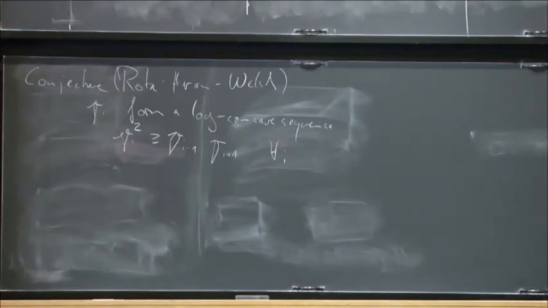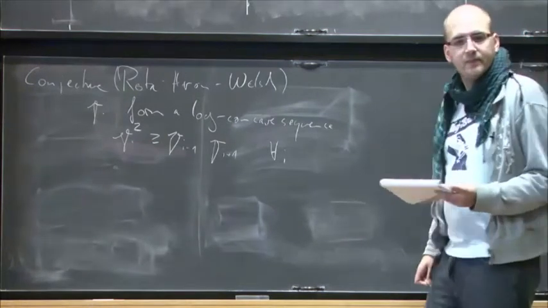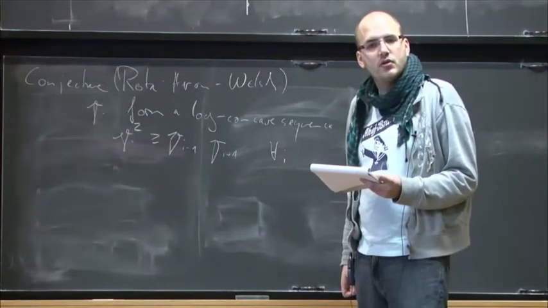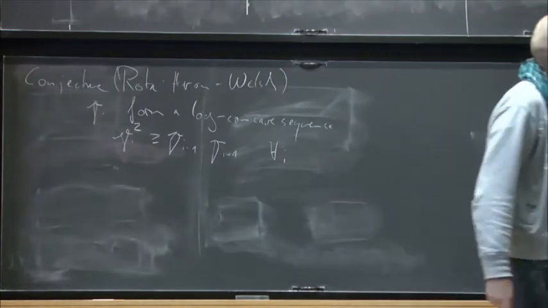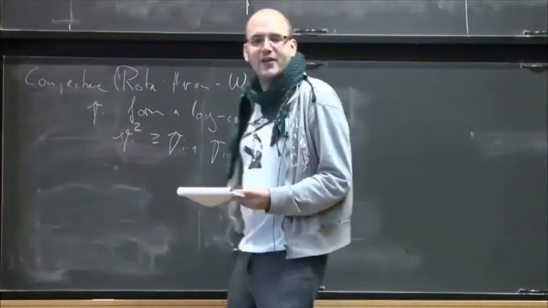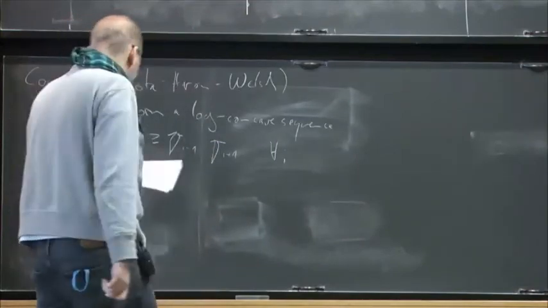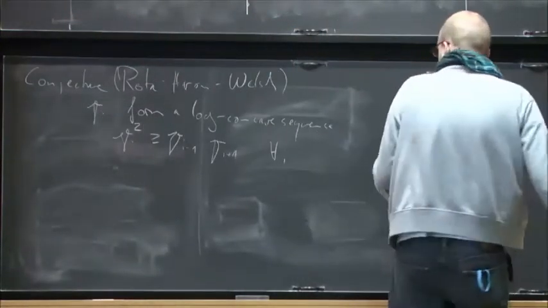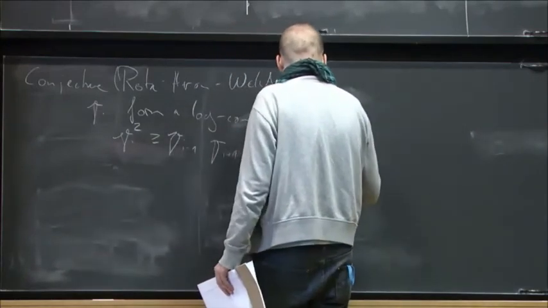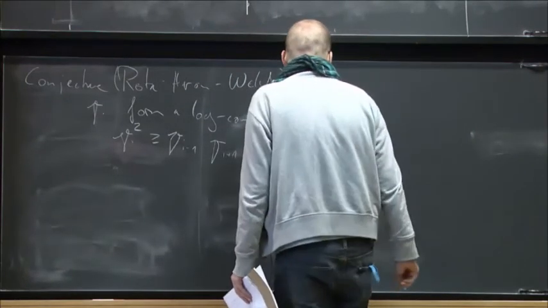Yeah, I think so. Just by the recursion formula I will write down in a minute. It's even simpler. Okay, and this conjecture is a theorem for the following cases.